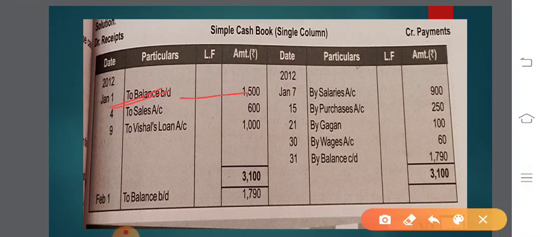As we have discussed, debit side is always represented through "to" and credit side through "by". Since it was our opening balance of an asset having debit balance, we have written to balance brought down 1500 on the debit side.